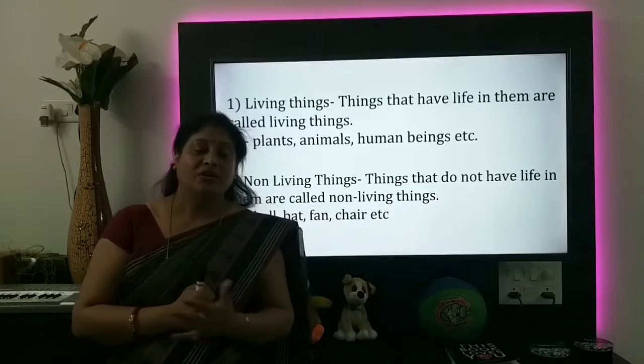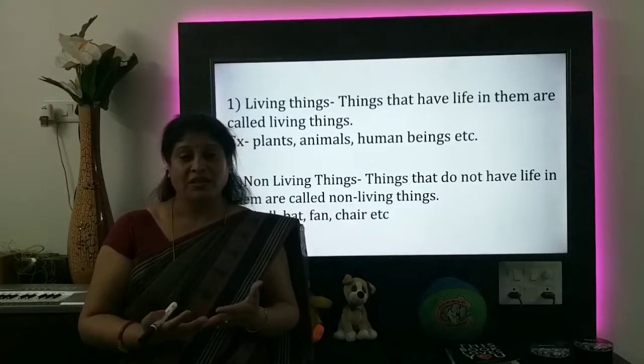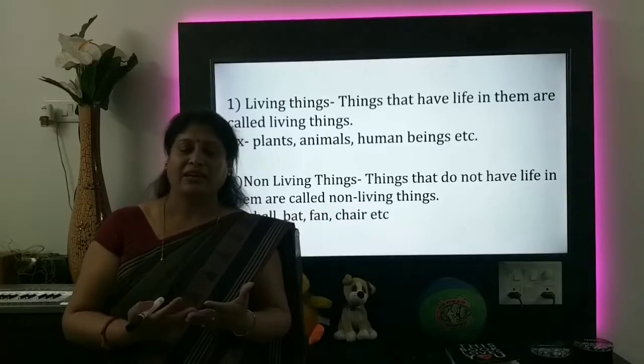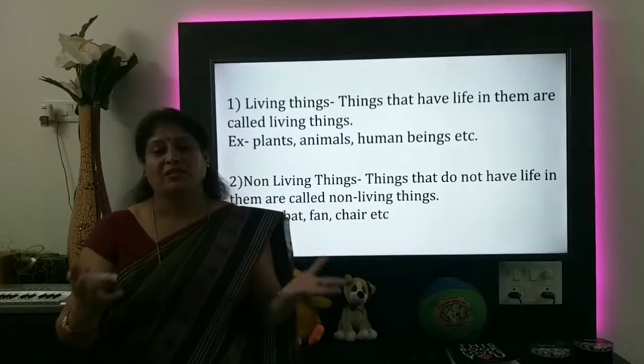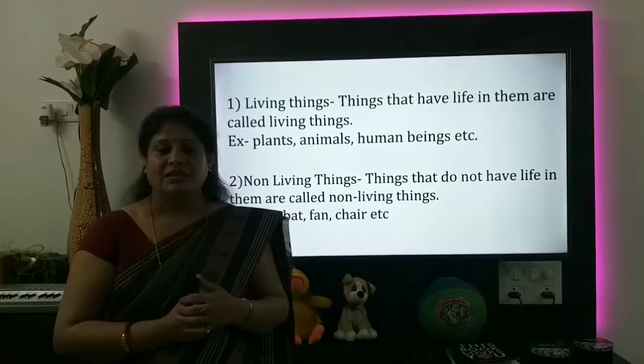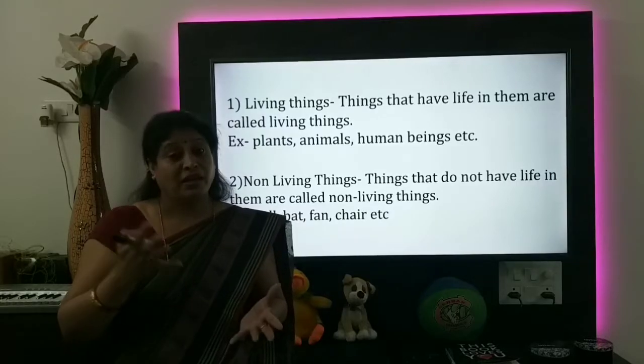Okay, children, our earth is full of wonderful things. There are aeroplanes, bridges, animals, birds, fishes, and so many things around us. Some things are made by man, some things are given by nature.